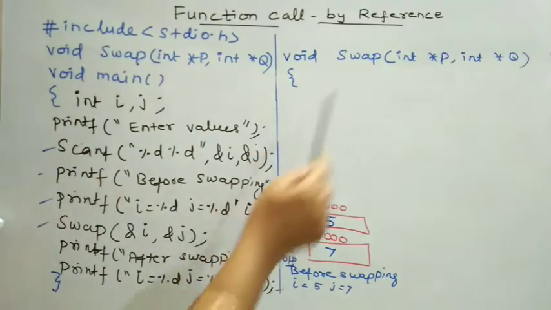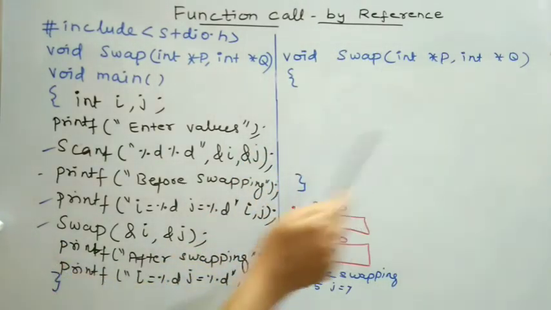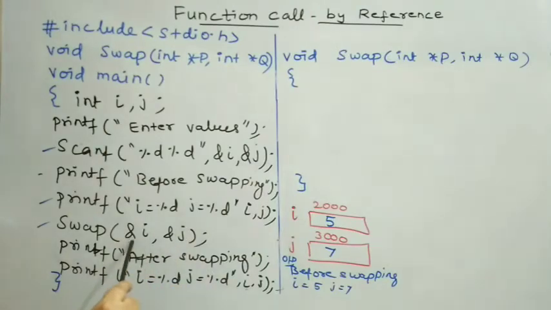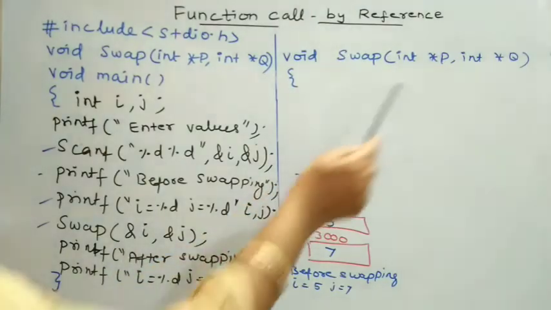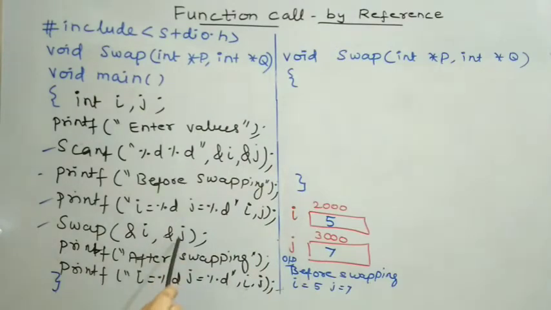Okay, so when I transfer control to this function swap, the memory address of i is passed to p, and then the memory address of j is passed to q.